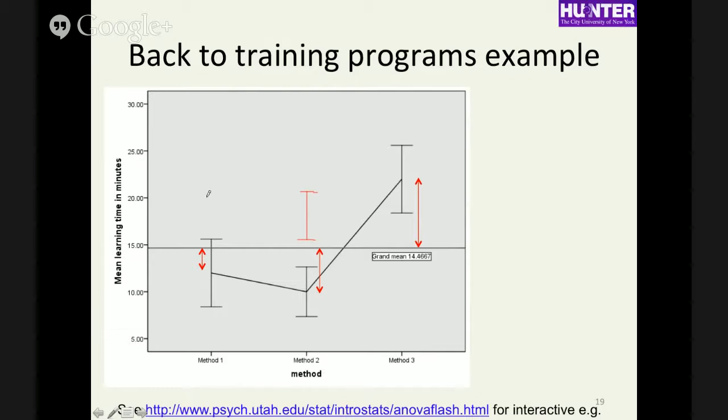But maybe if the first one was just like this or something. So none of the individual pairwise differences are that big. You could have a case where in Tukey's honest significant difference, you don't see any significant p-values, but in your ANOVA you do.